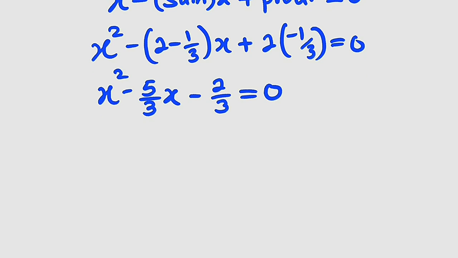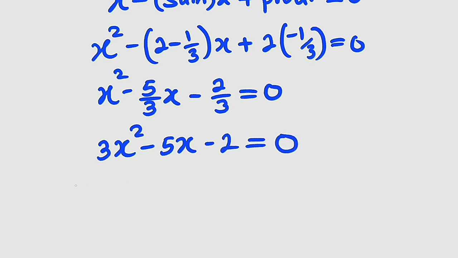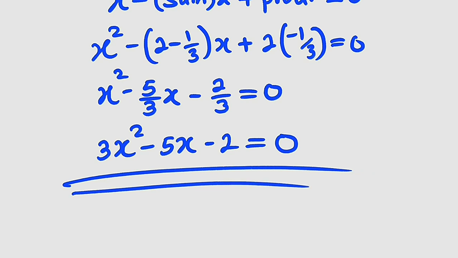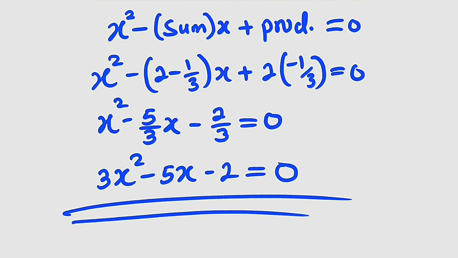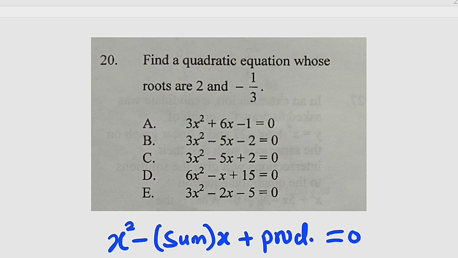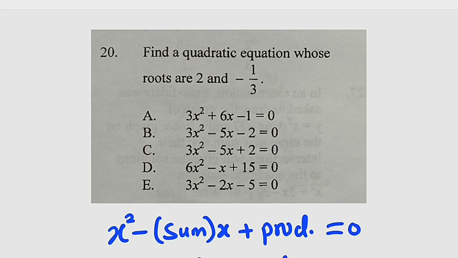To clear the fractions, we can multiply every single term by 3. 3 times x squared is 3x squared, minus this times 3, we have 5x, minus this times 3 is just 2. The whole of this equal to 0. Our quadratic equation that has just two roots is 3x squared minus 5x minus 2, which is option B.